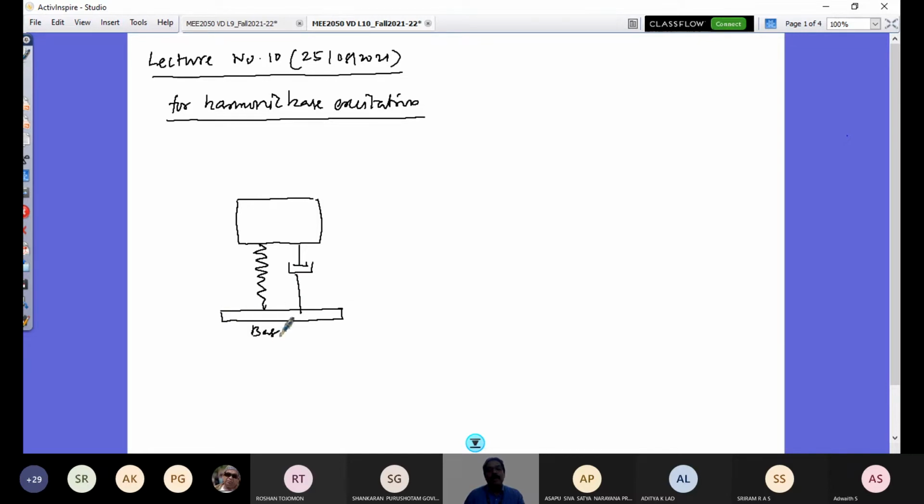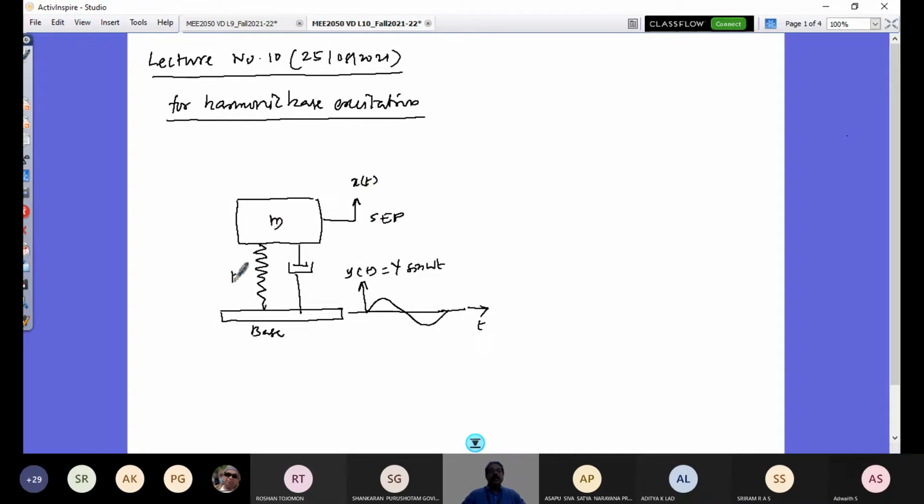If this base is given an excitation, that is the displacement, say y of t is equal to y sine omega t, as a function of time, I will have the excitation of the base given by this. So the base is exciting like that. Now the mass is going to have its response from its static equilibrium position always. So when there is no excitation, the mass sitting on it is all set in its static equilibrium position, and then it will have its x of t response.